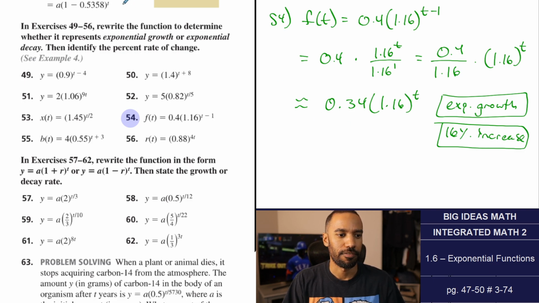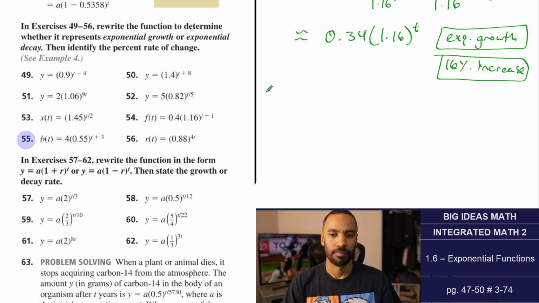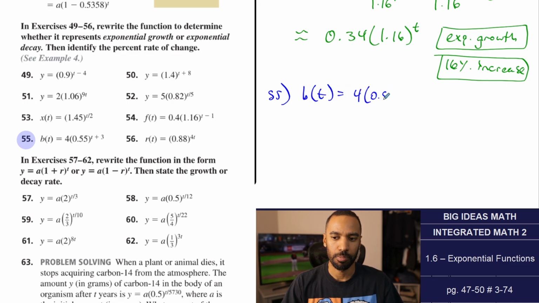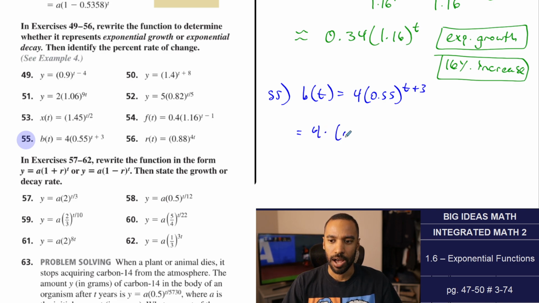Okay, numbers 55 and 56. Number 55, we have b of t equals 4 times 0.55 to the t plus 3 power. This is a product of items here, so I have 4 times 0.55 cubed times 0.55 to the t power.